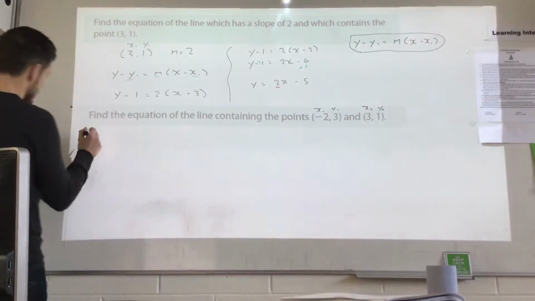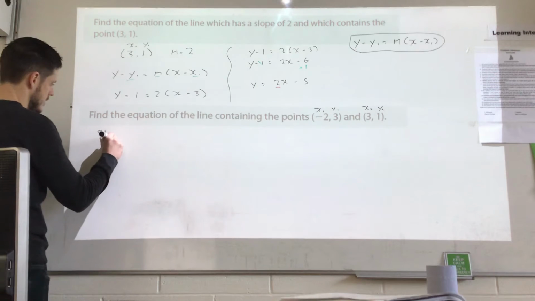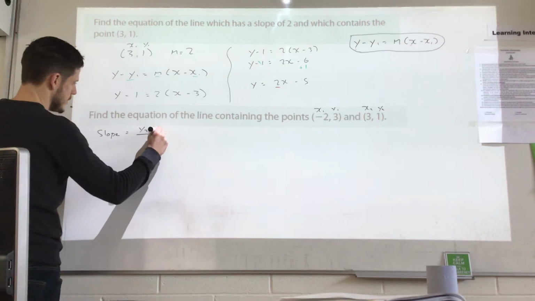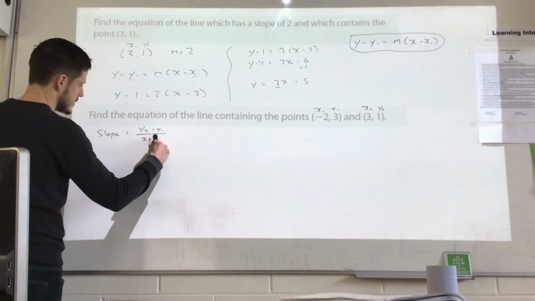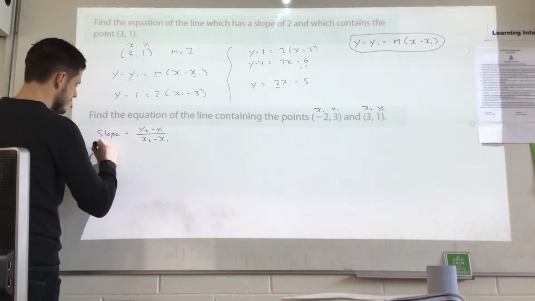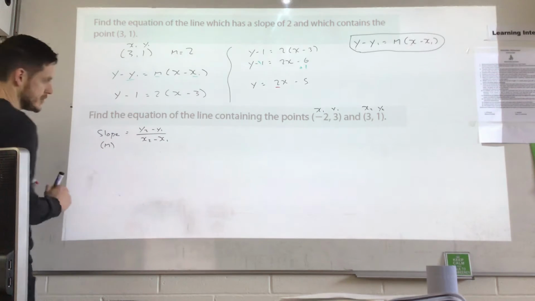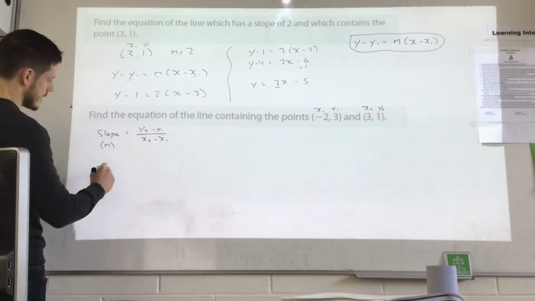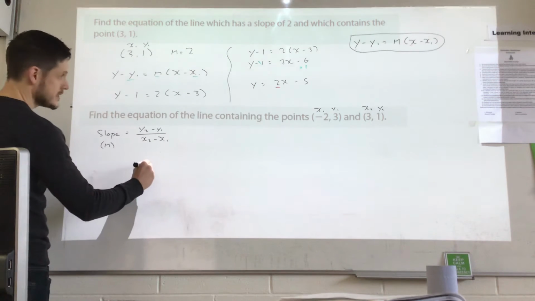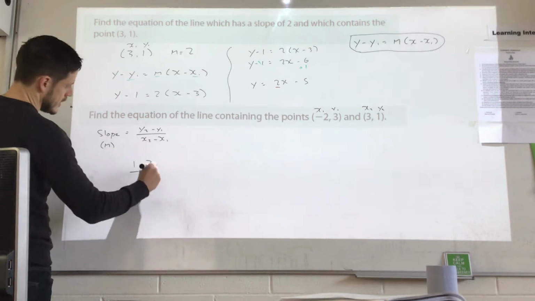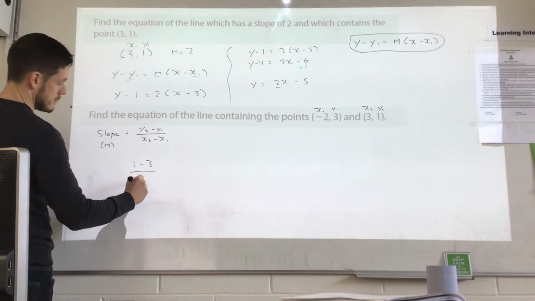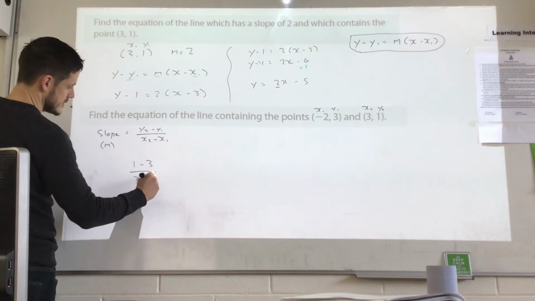So the slope formula is given, and it's given by the letter m, which I know seems confusing. It's y2 minus y1 all over x2 minus x1. So I'm going to sub in: if you look up there, it's 1 minus 3 all over x2 minus x1, in that case it's 3 minus, and x1 is minus 2.